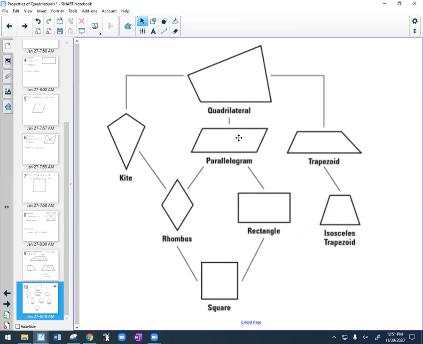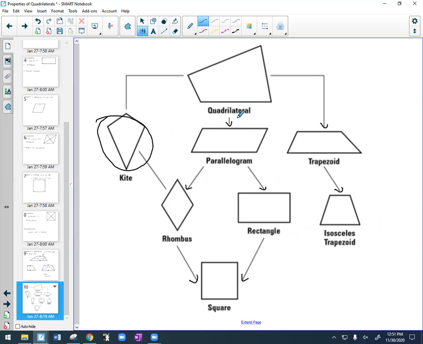This is like your family tree of quadrilaterals. Like I said, we're going to talk about this later. We didn't talk about the kite yet, which is fine. We're talking about that later, so I'm just going to ignore it for now. Everything below something else inherits properties from it, just like a regular family tree. You would inherit traits from the people above you in the family tree.